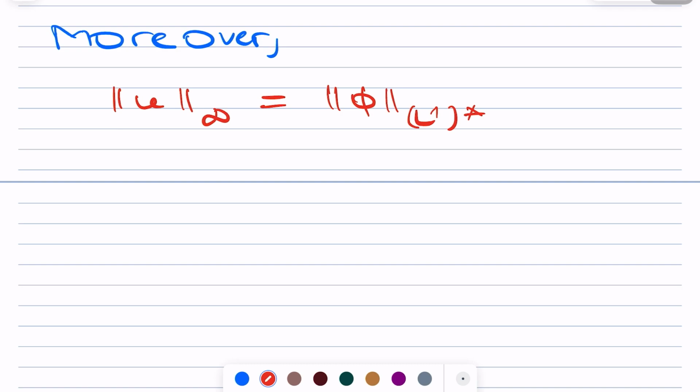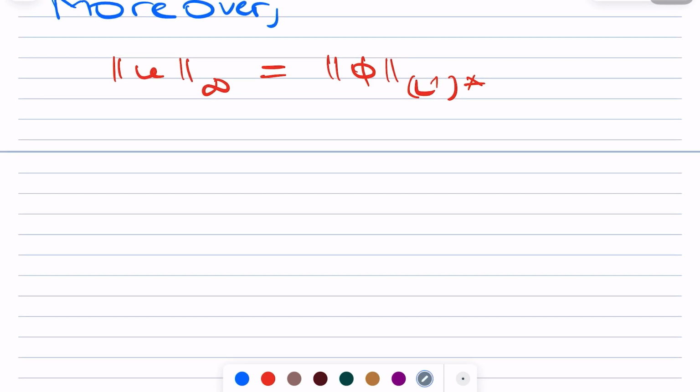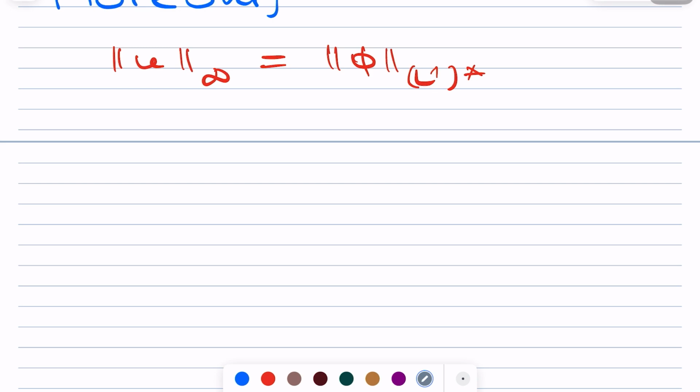And again, we can also identify the dual of L1 with L infinity, and this is what we will be doing.